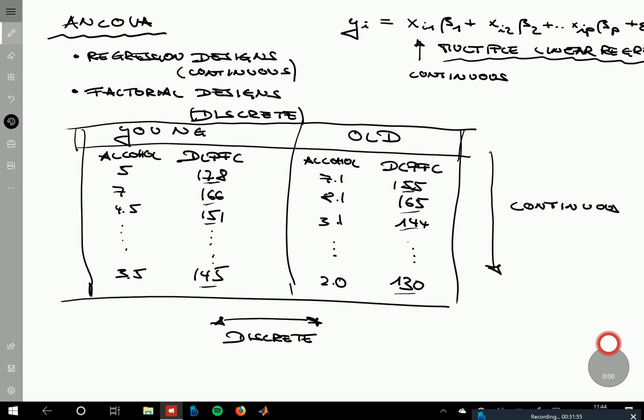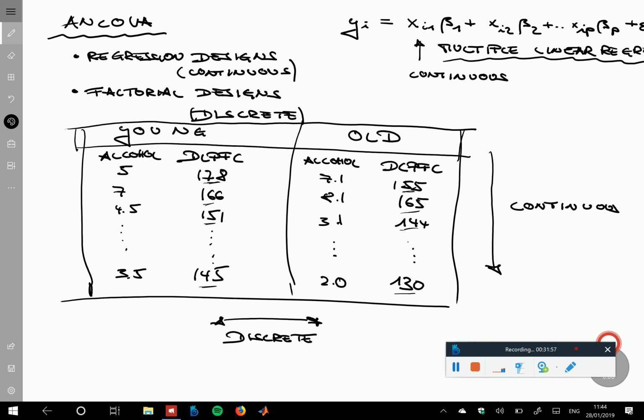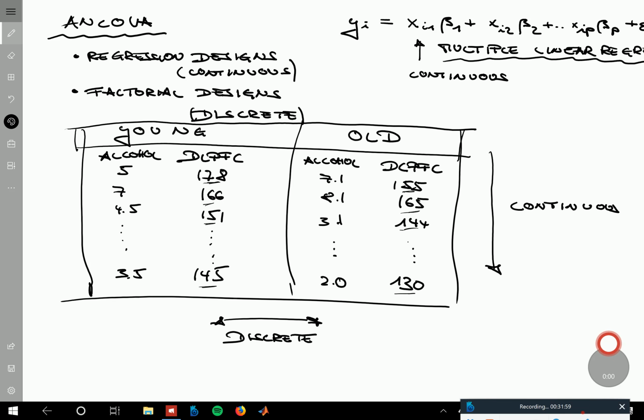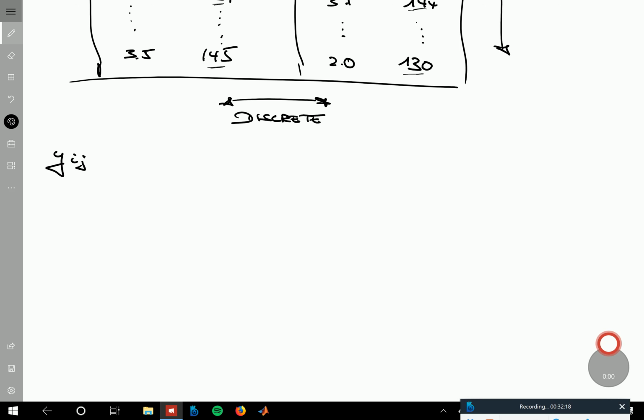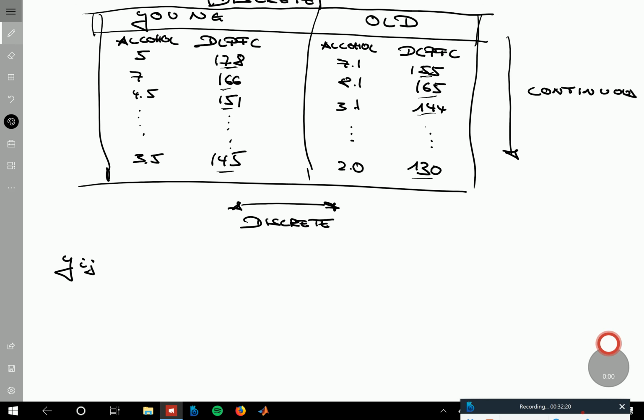Again, it's helpful to adapt the notation. Our data points are these things here. These are our Yij.